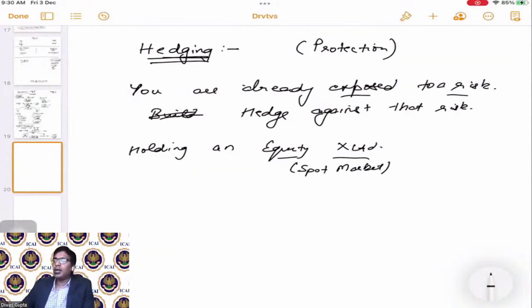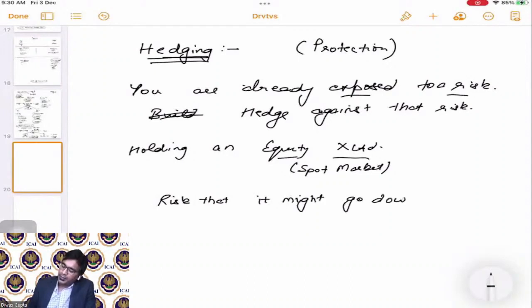The risk is that it might go down, correct? So the risk is that the price might go down. Once the price goes down, you will lose.